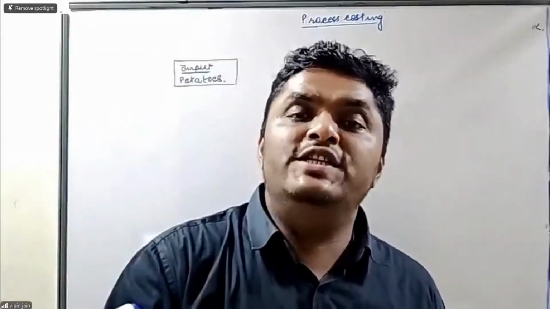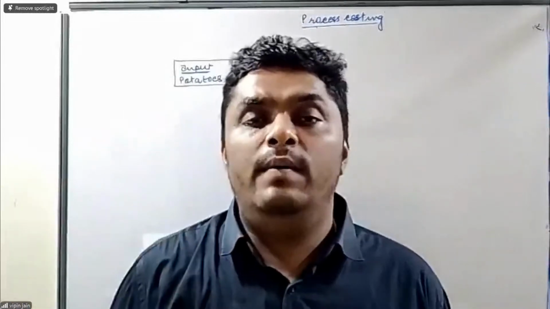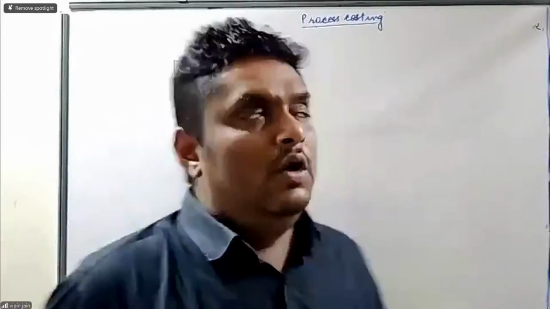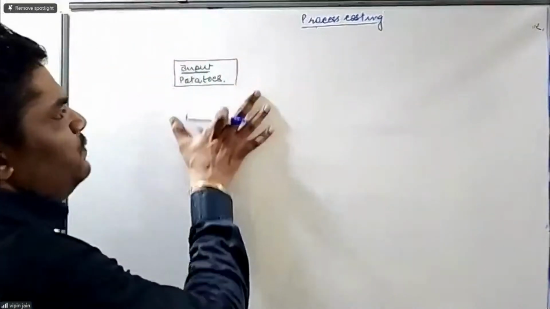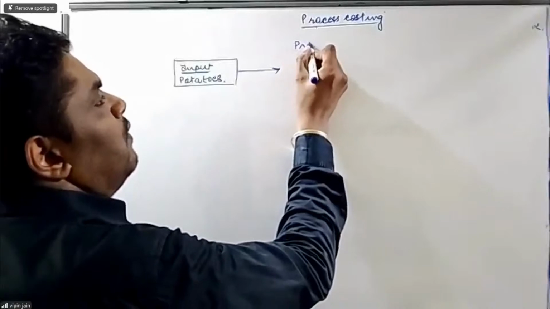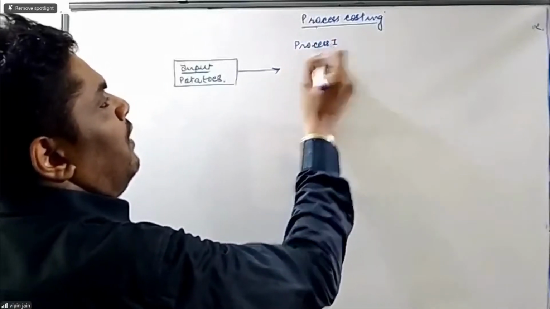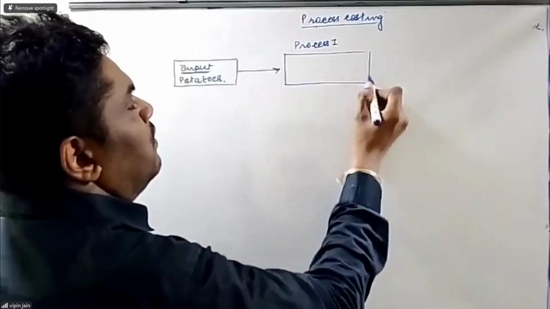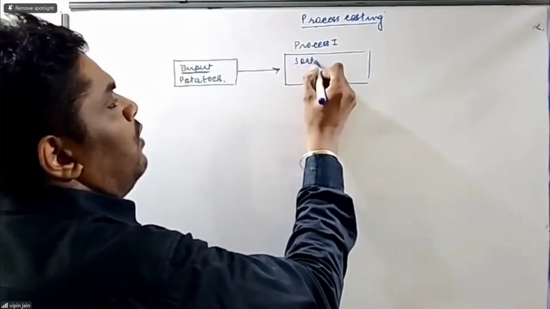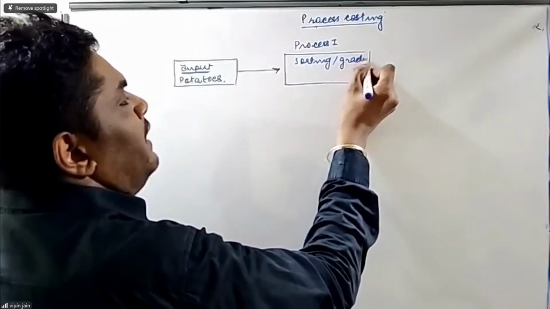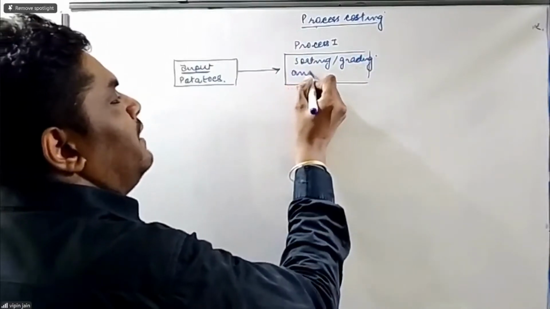I procure these potatoes directly from the farm and they are transported from the farm to my factory. Once these potatoes are received, they are introduced in process first. Let's say process first is sorting, grading, and cleaning.